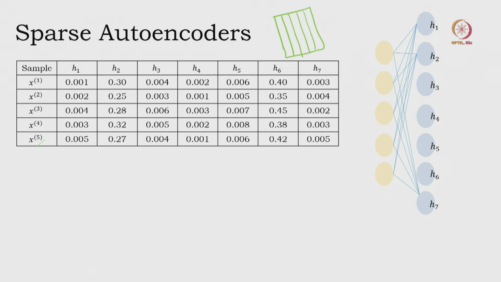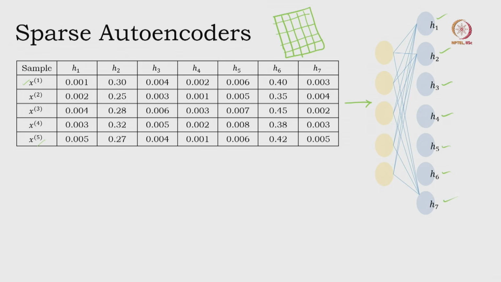There is a first sample, second sample, third sample, fourth sample and fifth sample. There are 5 such samples. When you pass the first sample, you get values here, here, here, here, for all the 7 hidden neurons. Do you agree to this?